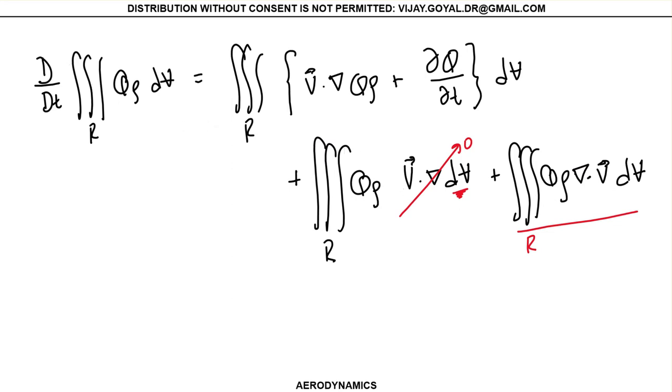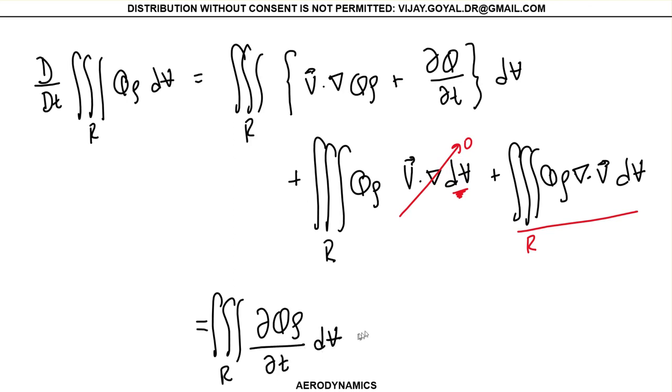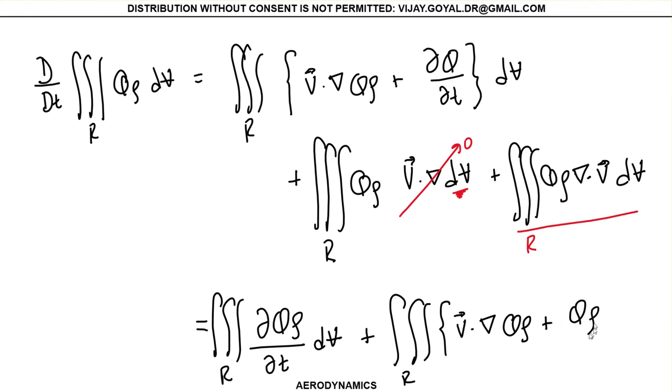So now let's put everything together. Let's combine all the terms, and what I get here is the triple integral over the region volume R of partial of Q rho with respect to t, d volume. I'm going to combine this expression with this one in one simple integral, and you will find V dot gradient of Q rho plus Q rho times the divergence of V over the volume.